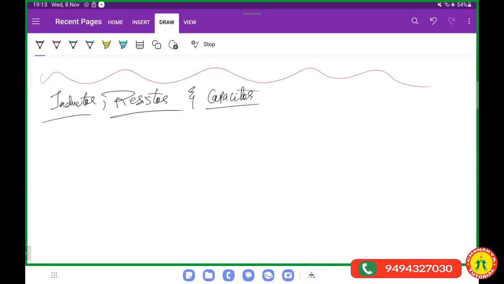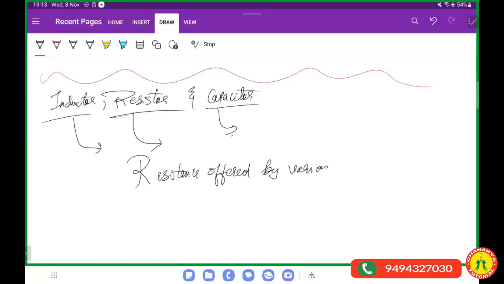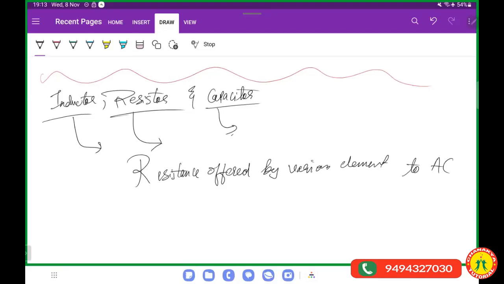Right. So in short, all of these have some ability to resist something. So these are the resistance offered by various elements. These elements, inductor, resistor, and capacitor, are connected to an AC supply.